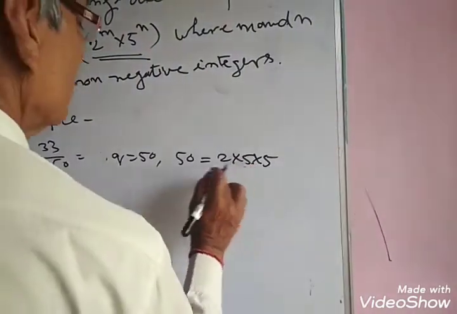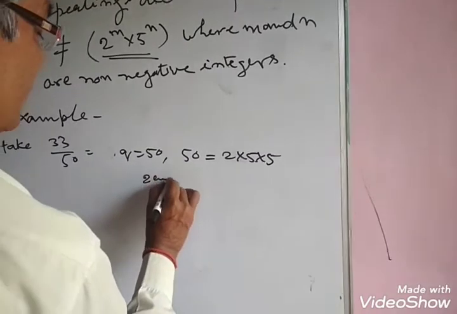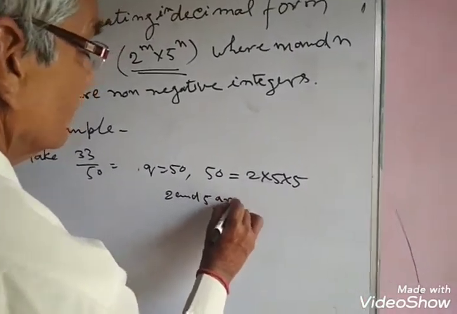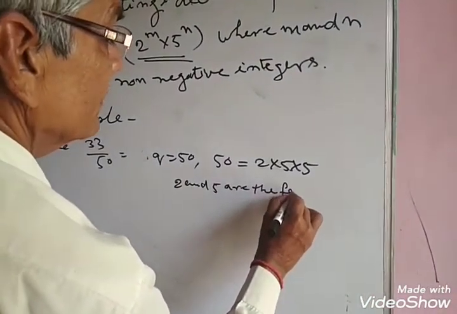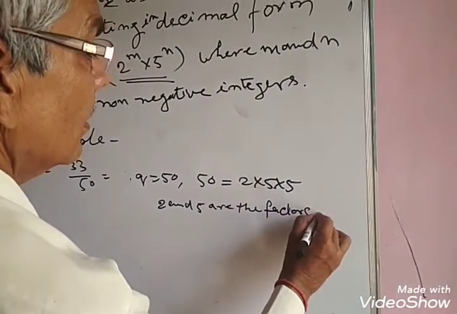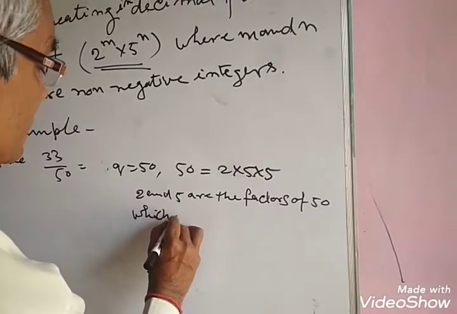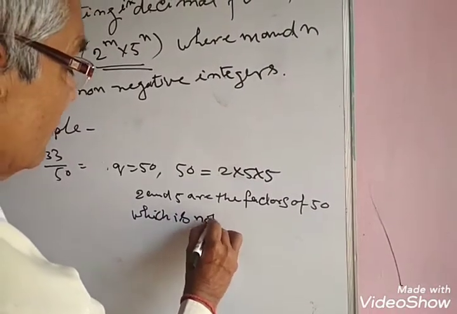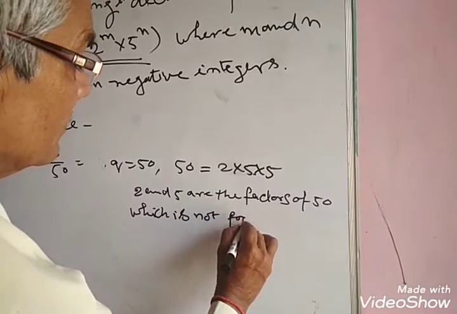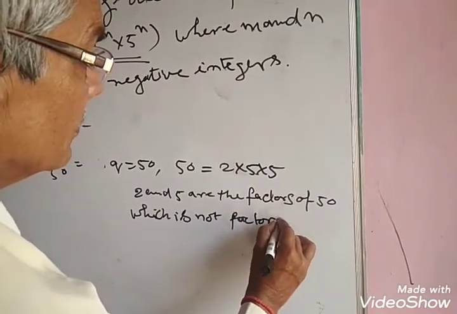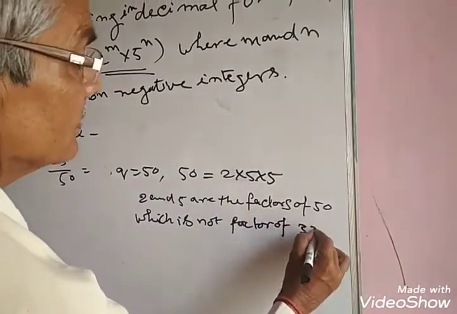The factors of 50 are 2 and 5, which are not factors of 33.